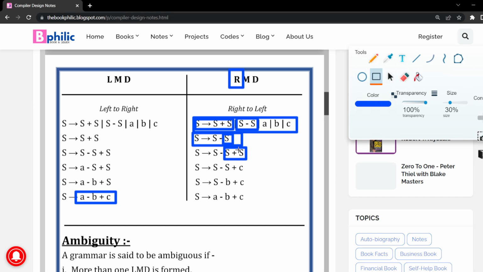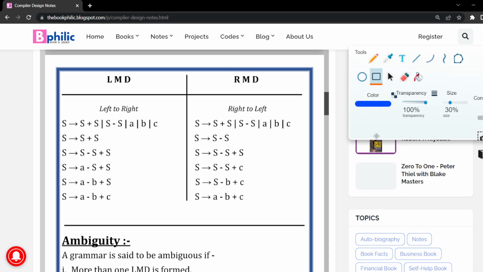Now, on the rightmost side, the variable is the capital S. This capital S will be derived into small c, and this capital S will be derived into small b, and at last the rightmost variable, the capital S, will be replaced by small a.